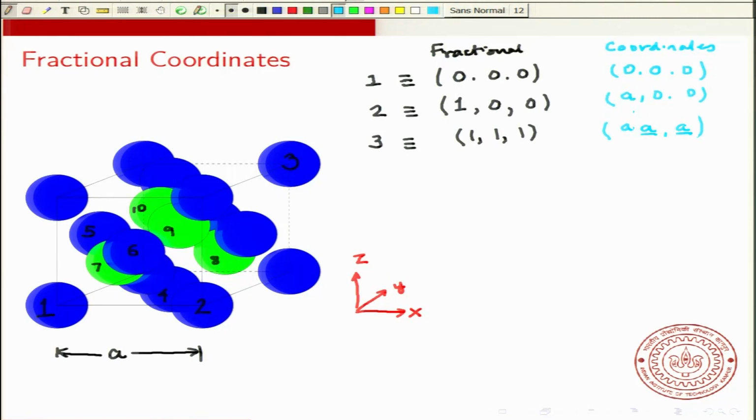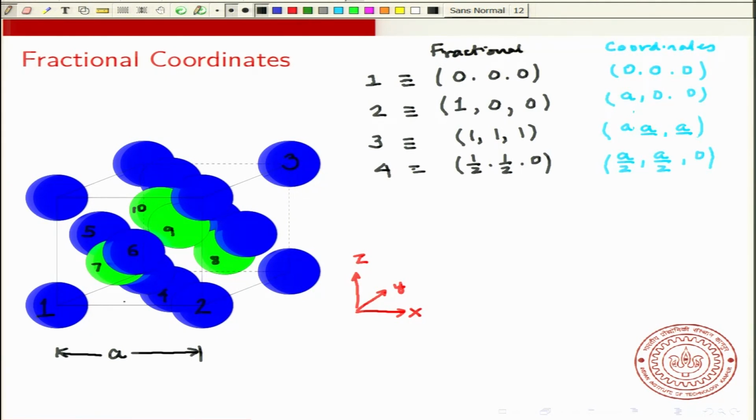Now let's go to atom 4. Atom 4 is located at the center of the bottom face, and let's look at its coordinates. Its coordinates are a by 2, a by 2 and 0. So in fractional coordinates it will just be half, half, 0.